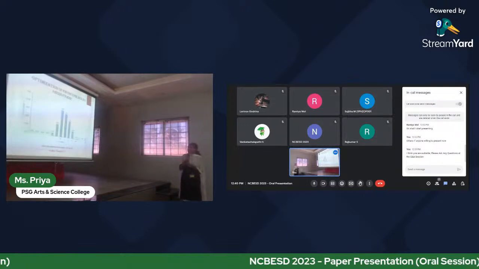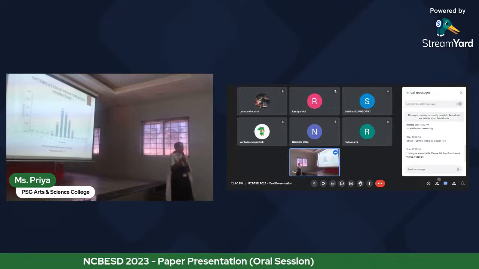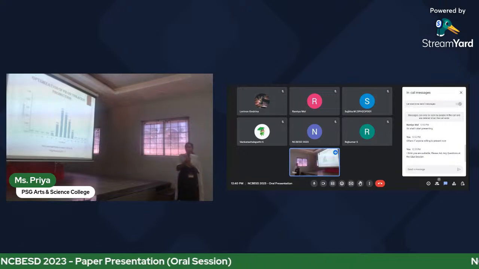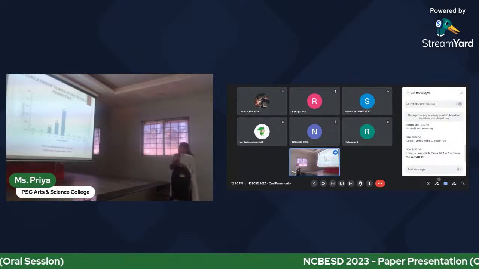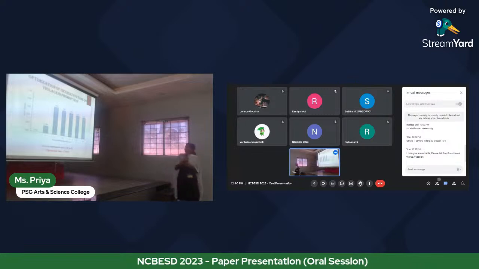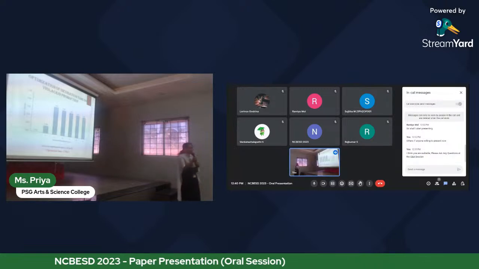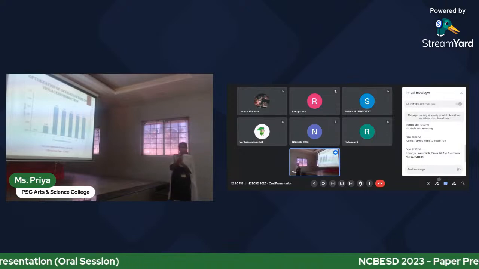pH 7 was found to be optimum for violacein production. Temperature of 24 degrees Celsius was found to be optimum. The maximum violacein production occurred at 48 hours, which is 2 days of incubation period.